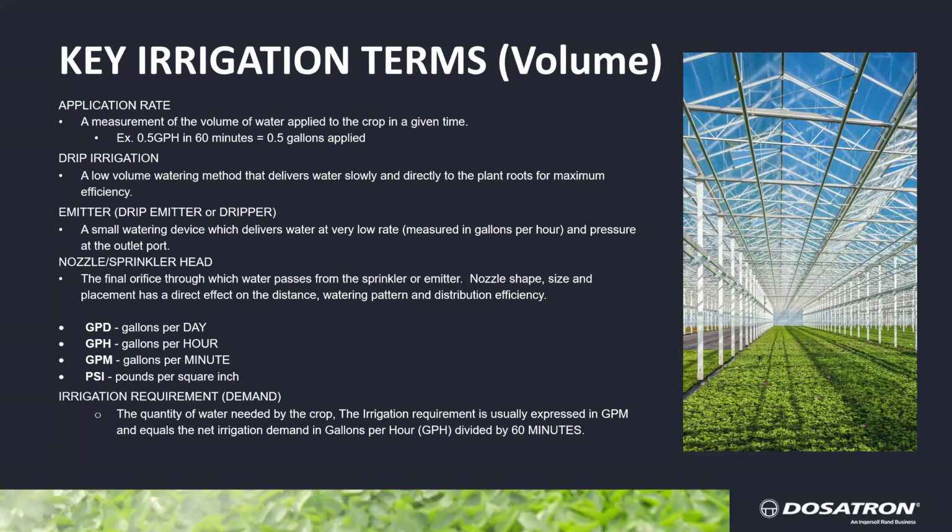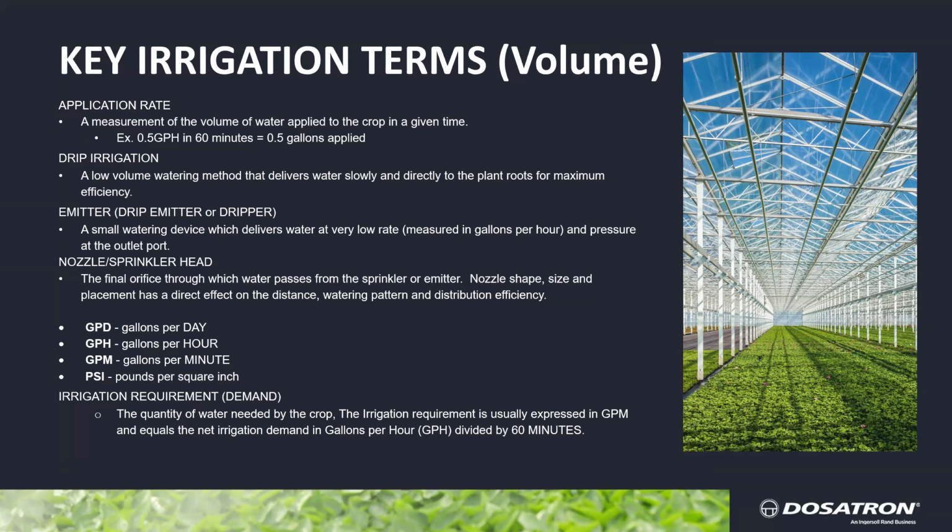A nozzle and a sprinkler, pretty familiar with those. I'm sure a lot of you folks are, but that is an orifice through which water passes. And that nozzle shape, the size, the placement have a direct effect on the distance, watering pattern, and distribution efficiency, as well as determining how much is let out.